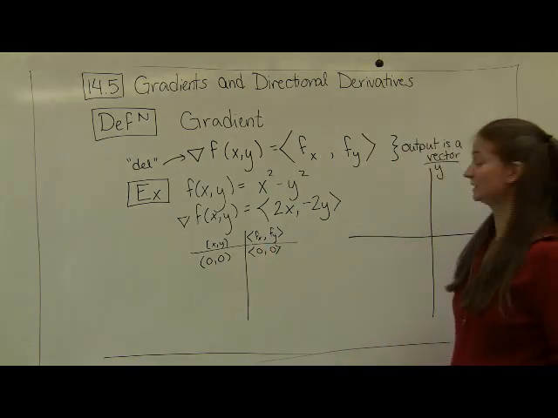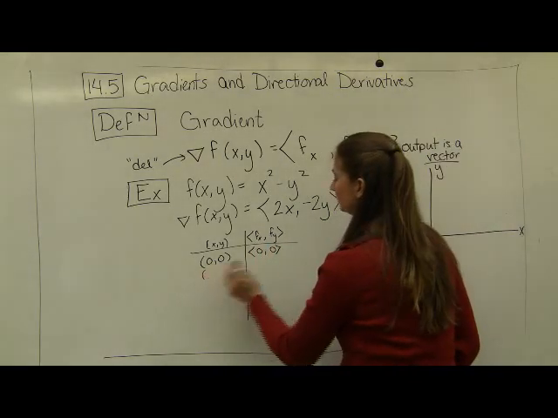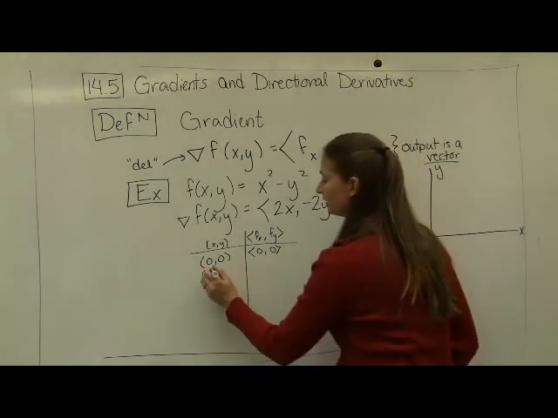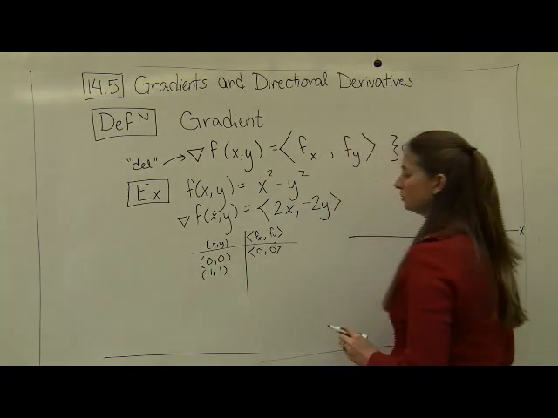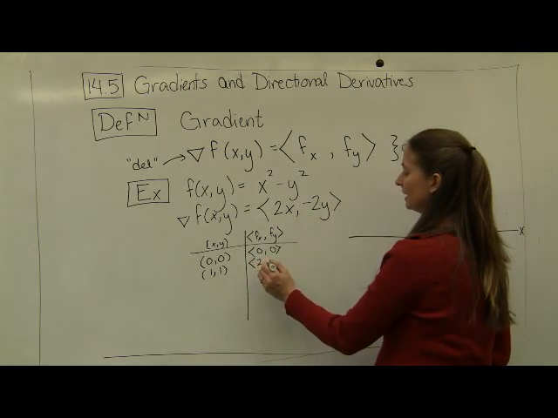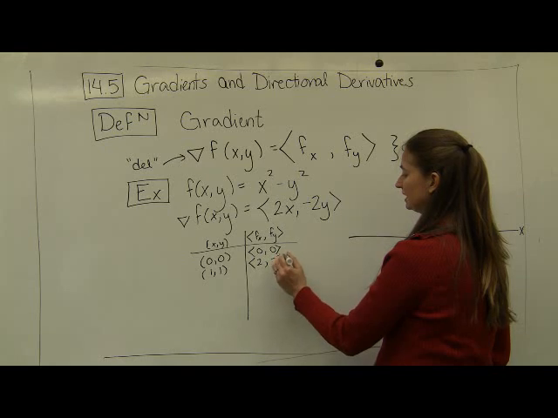That's sort of a boring example. I can't really draw what a 0, 0 vector looks like. But if I were to have an input of the point 1, 1, it means that my output is going to be a vector given by 2, negative 2.